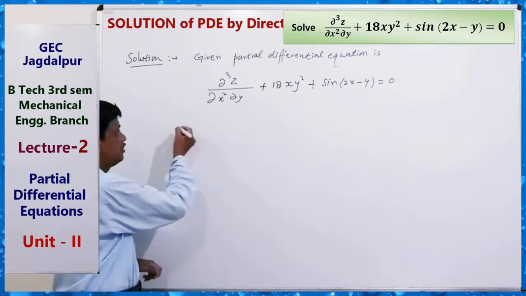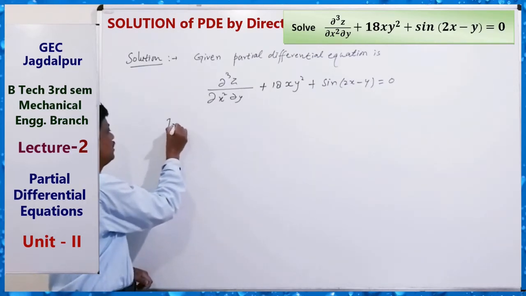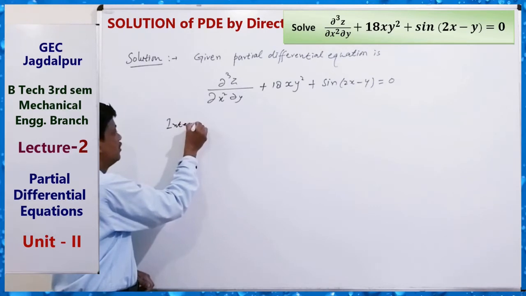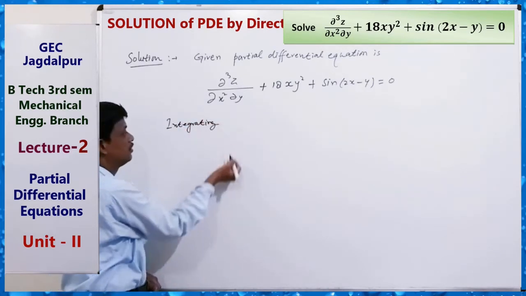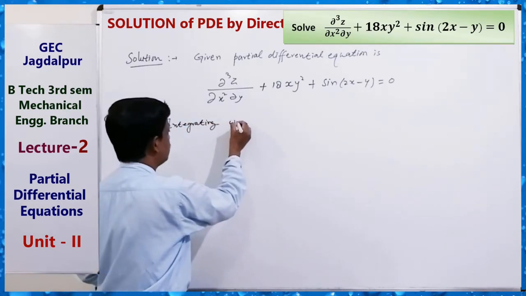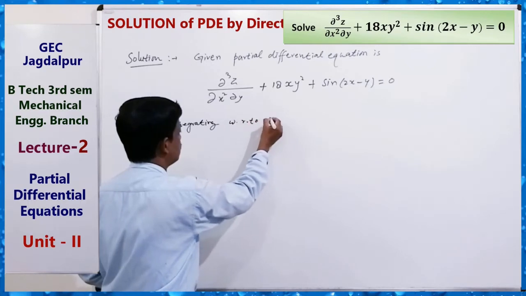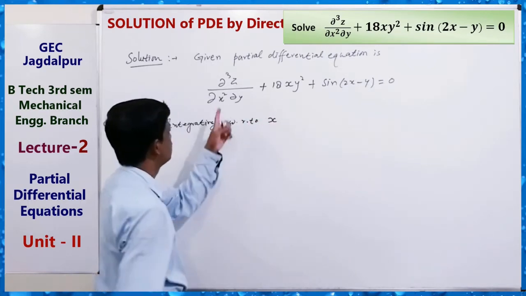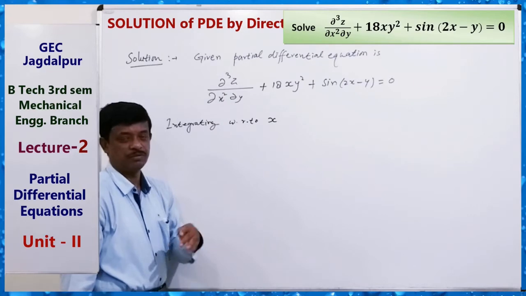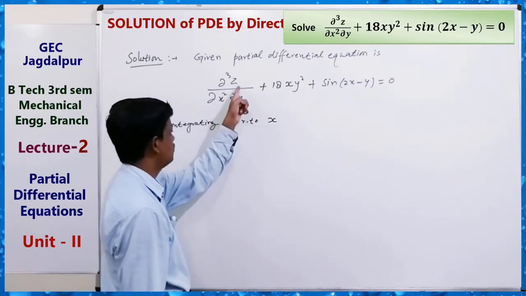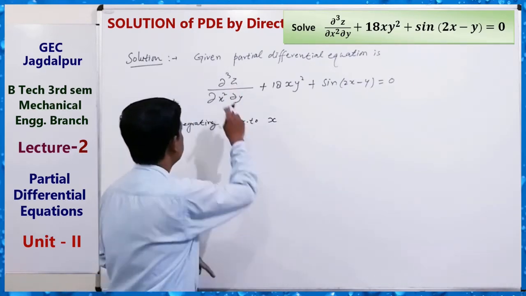So, this is the given equation. Integrating with respect to x 2 times, 1 by 1, first time, second time.